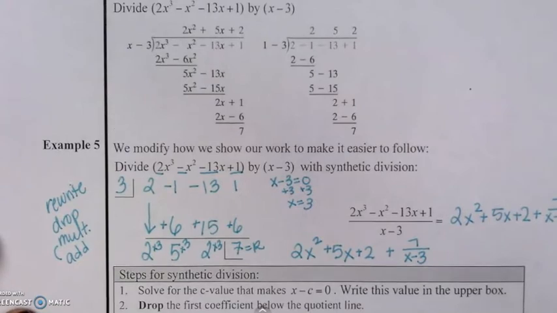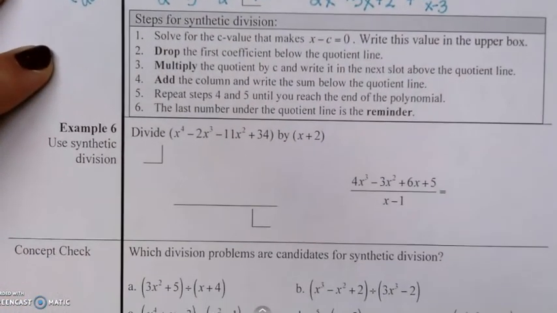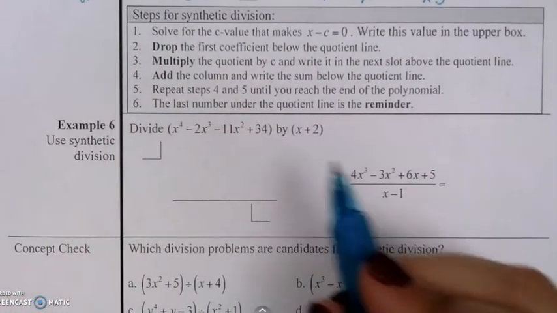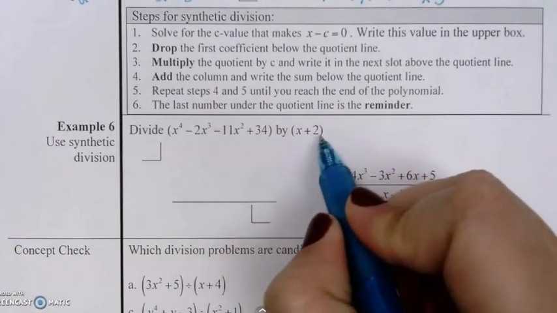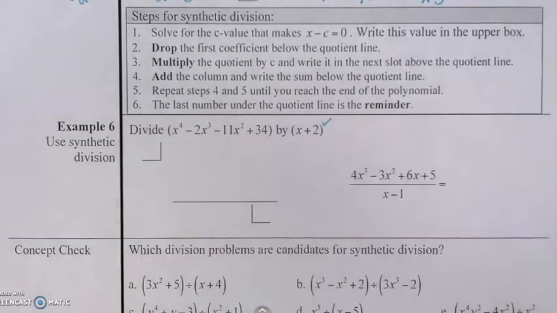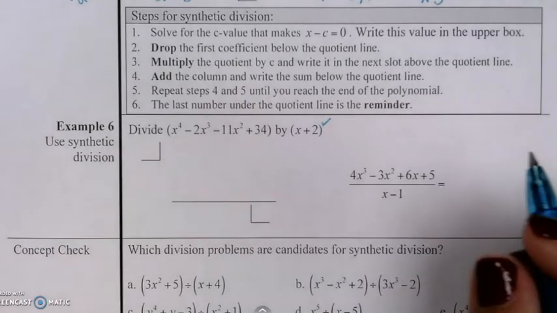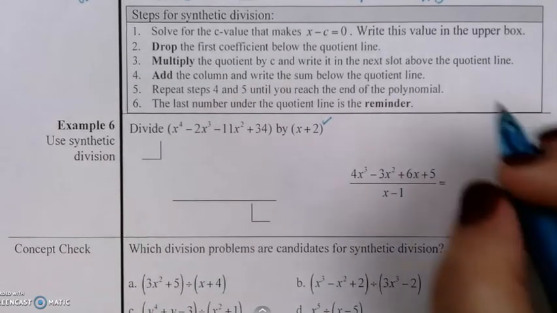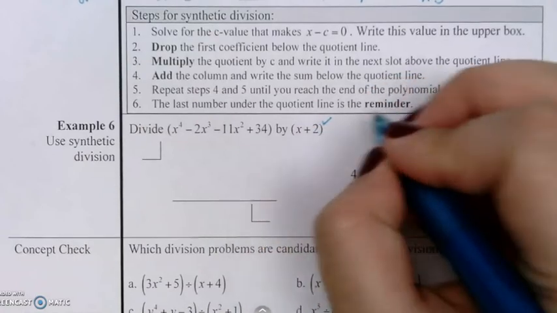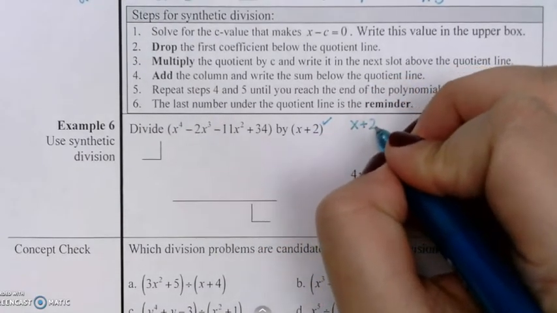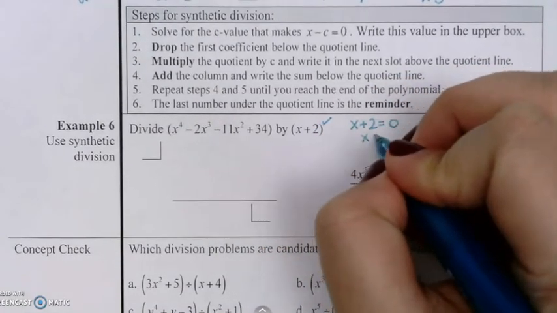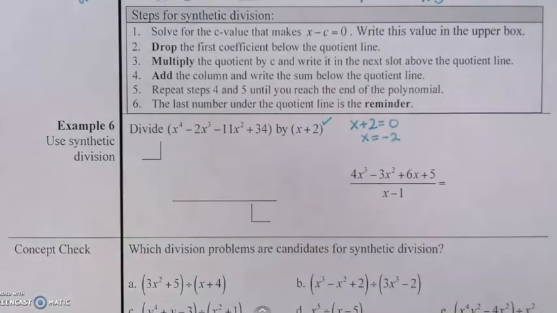Let's look at example 6. In example 6, we want to divide this polynomial by x plus 2. This satisfies the form that we need in order to use synthetic division. So we need to find what the x value would be to make this 0. For x plus 2 to equal 0, x has to be negative 2.